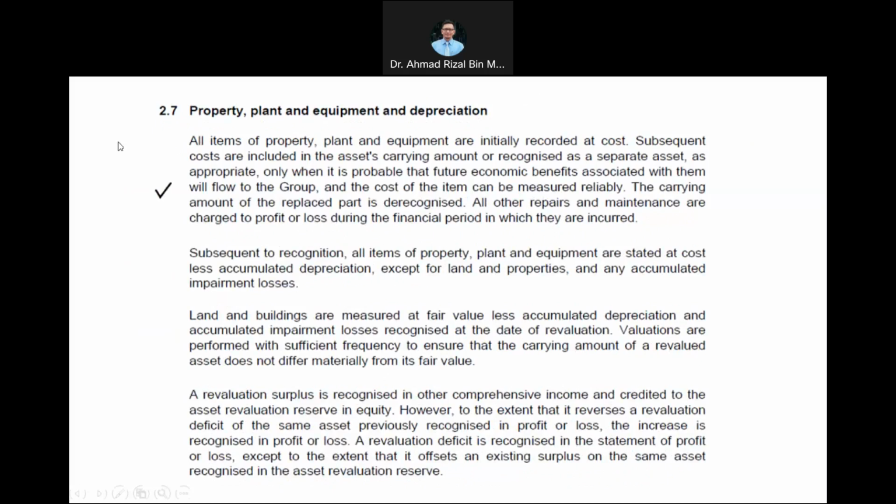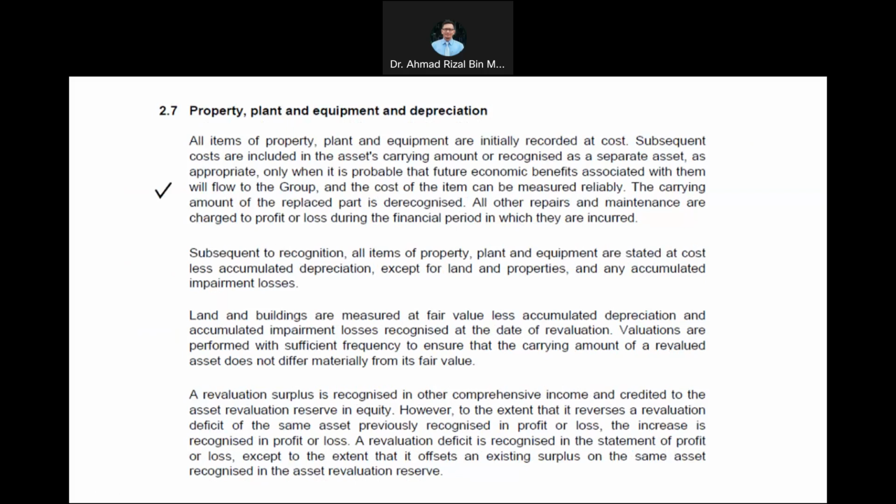Now for the asset side, property, plant, and equipment is recorded at cost, using the historical cost concept. It also includes the carrying amount. Some of the assets may be work in progress, as well as other related items such as maintenance and repairs.